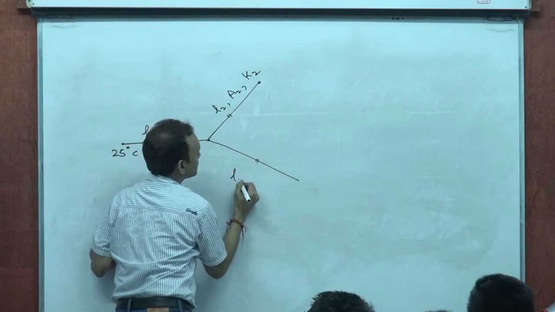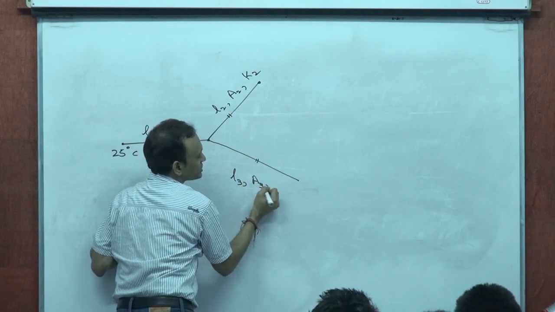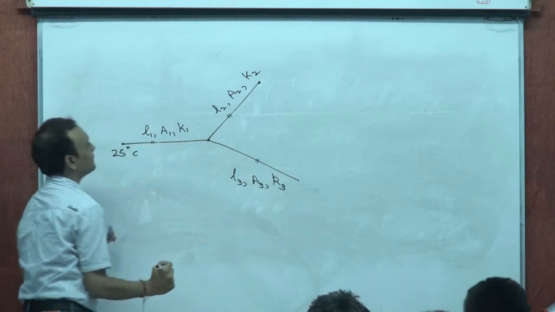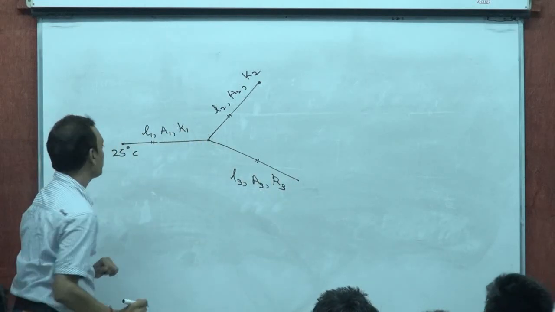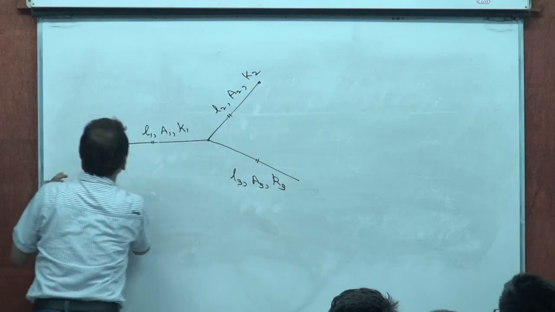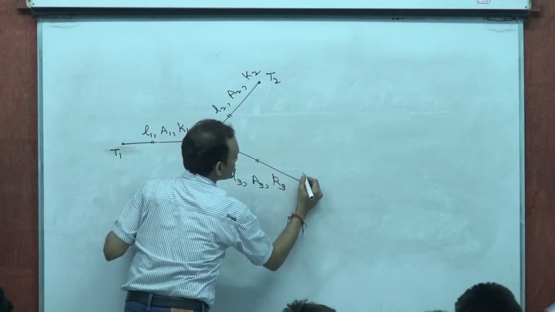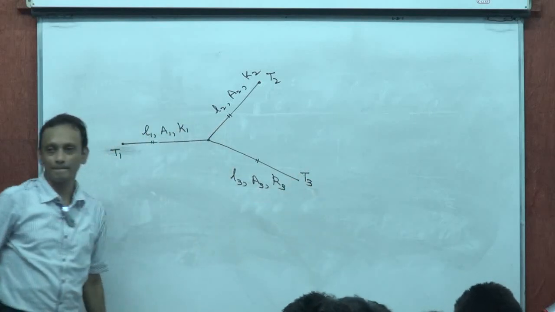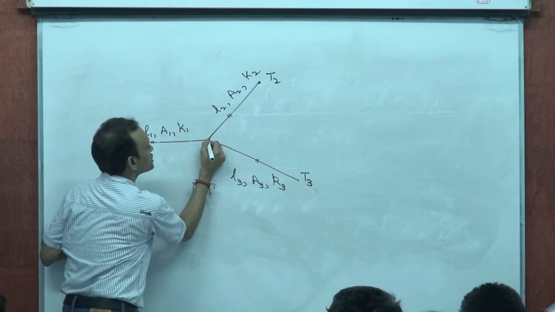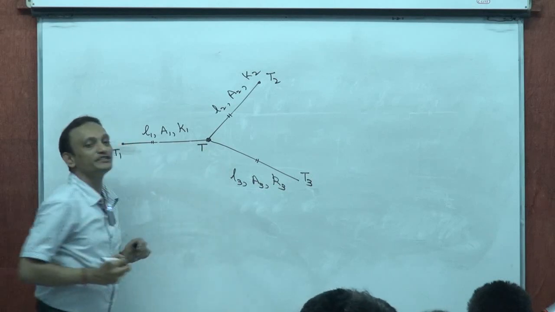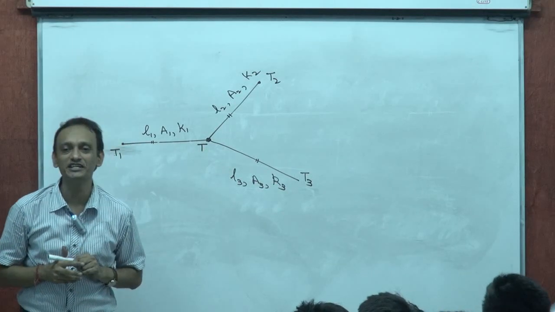The third rod, length L3, area of cross section A3, thermal conductivity K3. Suppose this is 25, or let me just get very general. Say this is temperature T1, this is temperature T2, this is temperature T3, say. And I want to find the junction temperature of this under steady state conditions.